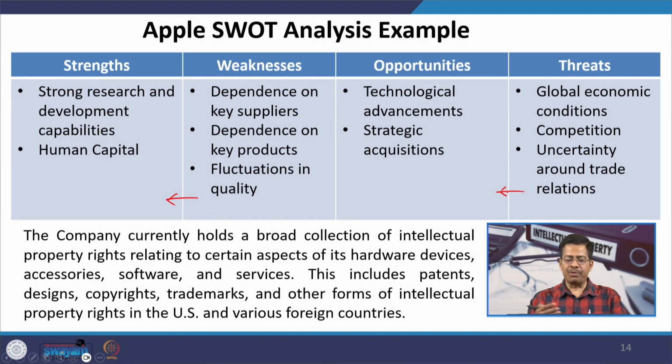So, I request all the participants to identify one organization of their choice and try to tabulate this type of SWOT analysis. You can always take this as an example and see how you identify the SWOT analysis. A simple problem to start with: you may be working in some organization.